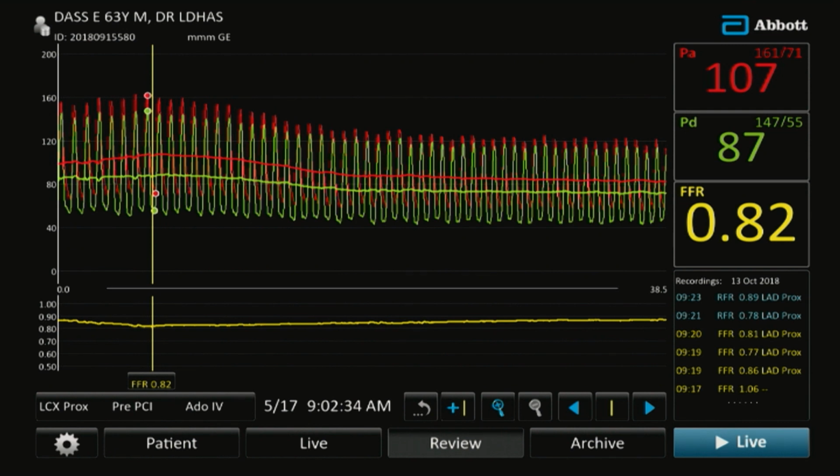I will even say rely less on RFR because we still have only data coming from the bench, and I will do what they have done, that is rely on FFR. So 0.82. Can you remind us about the age of the patient? 63. 63. I will take it for significant. I'm not going to leave a left main with a 0.82.